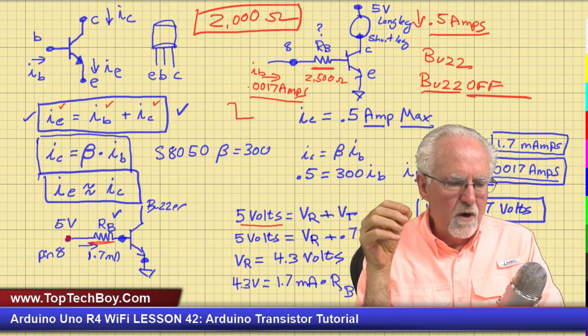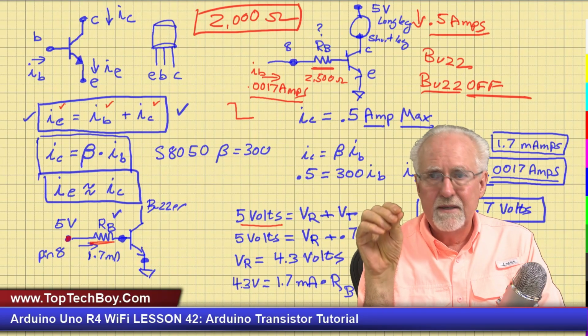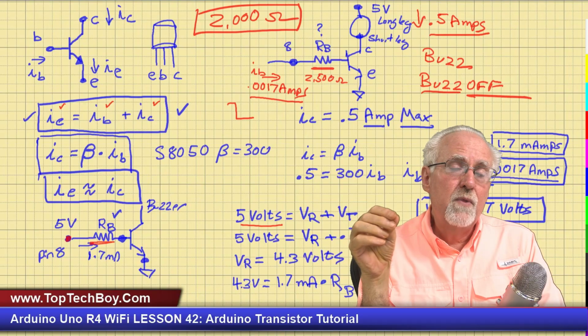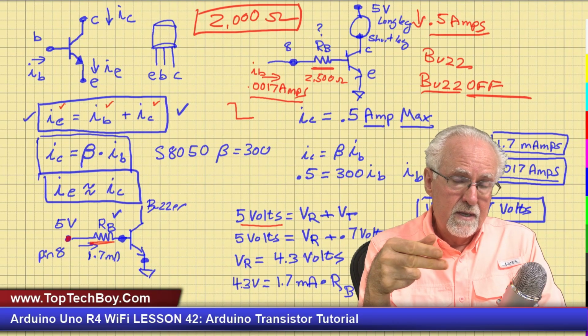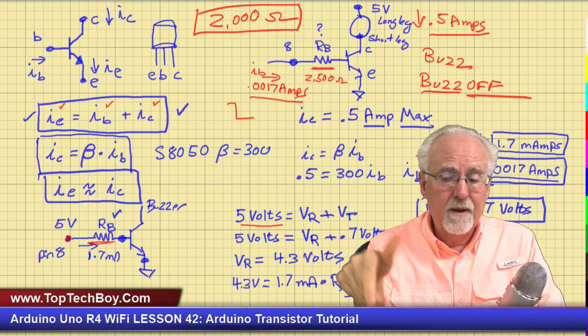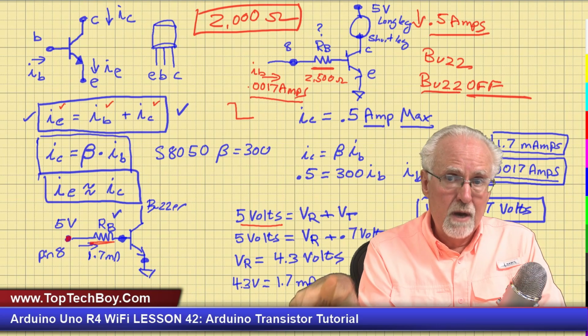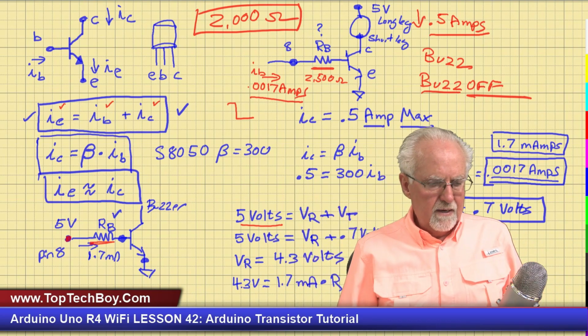If you go through it carefully, you can see that I very deliberately designed this so that we don't damage the 5-volt pin, we don't damage the GPIO pin, but we can get enough current through the buzzer to actually make it work. So go back and watch this one again if it doesn't make sense.